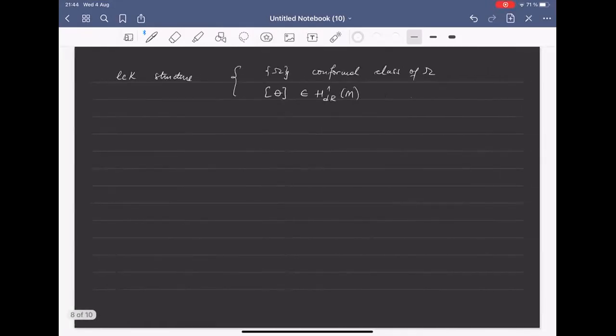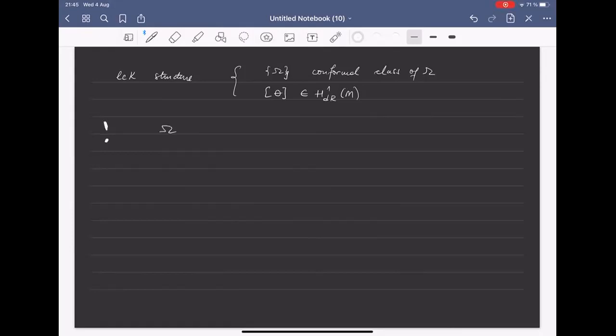So this would be an LCK structure: the conformal class of an LCK metric and the associated de Rham cohomology class of the Lee form. Okay, so in a sense, LCK metrics correct a small defect of Kähler metrics, which is the fact that a conformal metric to a Kähler metric is not Kähler if the conformal factor is not constant.